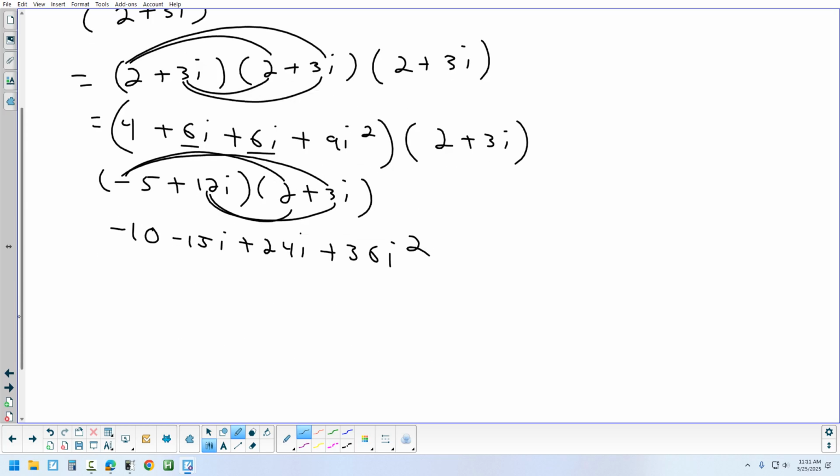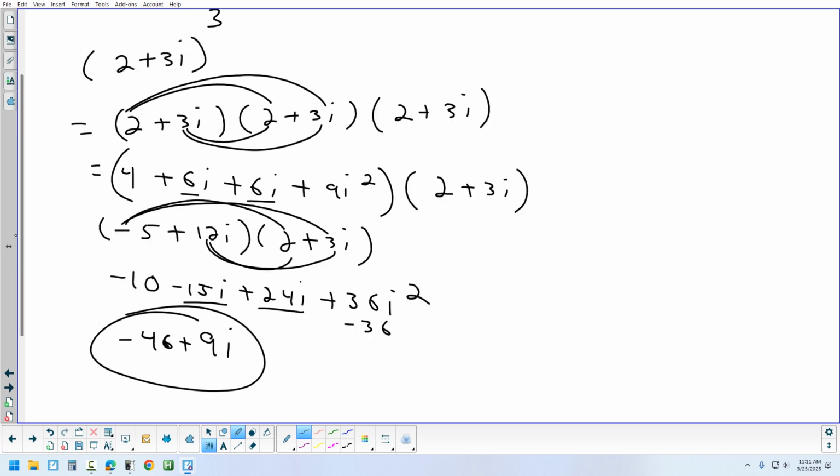Okay, so now I've got that. Like terms, -15i and +24i gives me a 9i. And now i squared is what again? -1. So that's -36. What's -10 minus 36? -46.